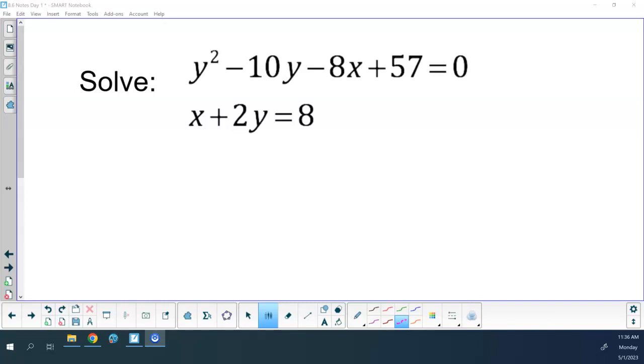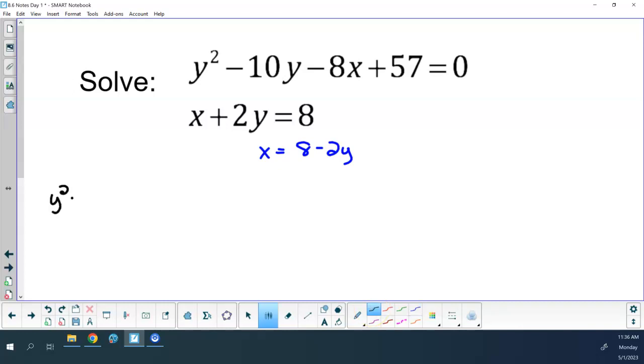Step 1, solve for one of the variables in one of the places. Easy one is x in the bottom. So then that's going to be x equals 8 minus 2y. And we need to plug that into the other equation.